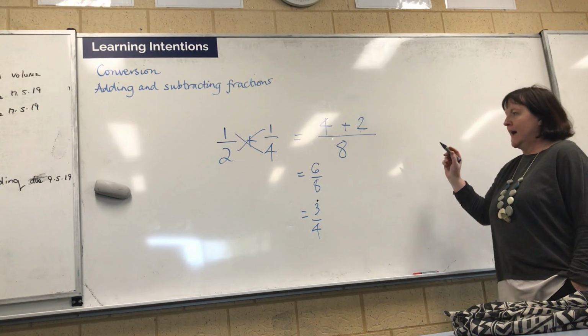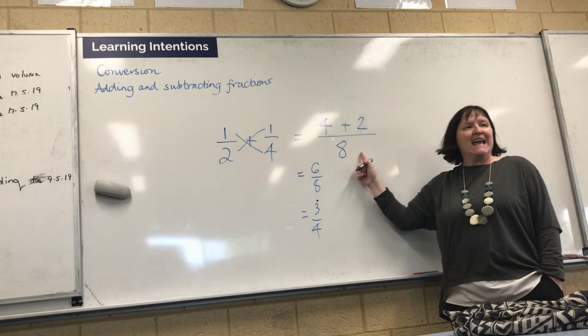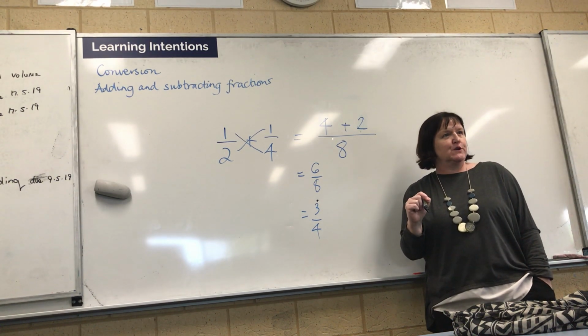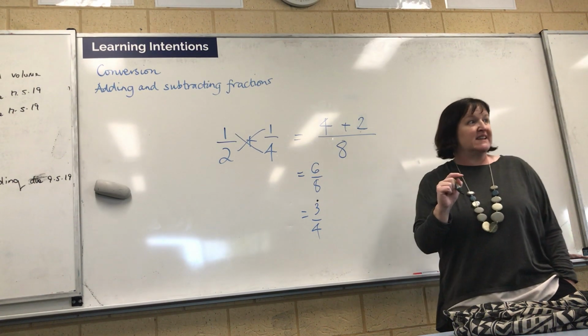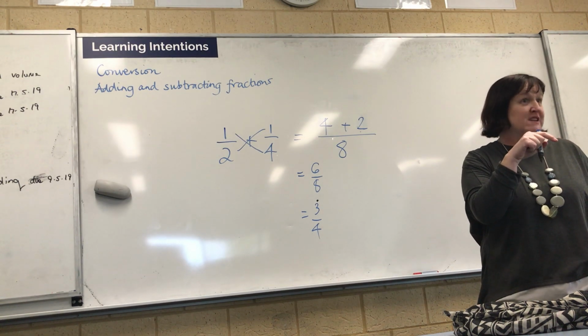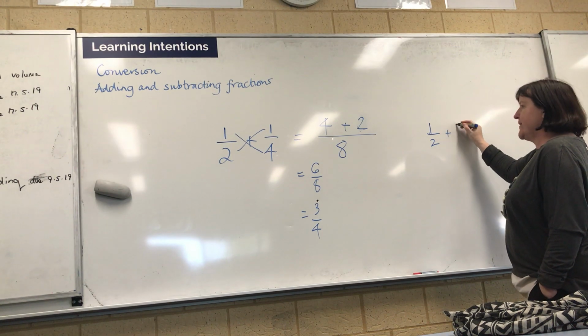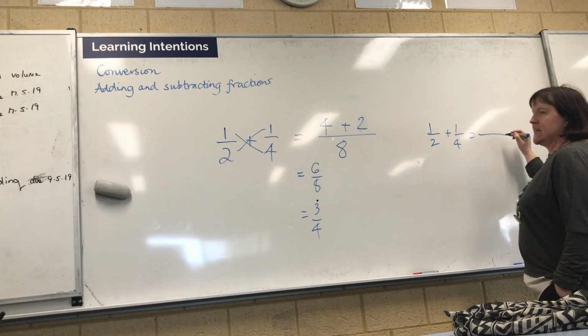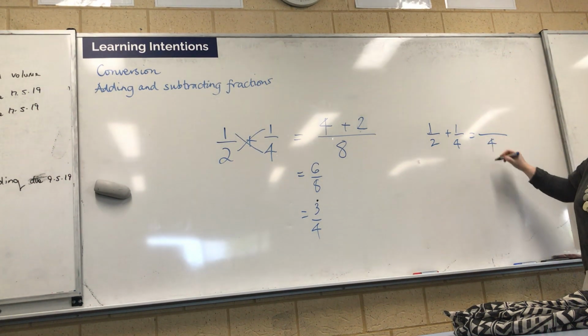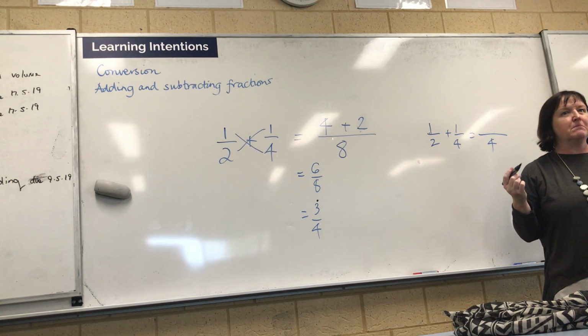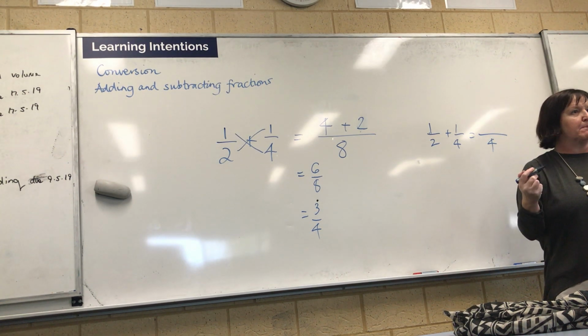Now, how about though, is 8 the lowest common multiple of 2 and 4? It's not, is it? 4 is the lowest common multiple. So let's assume that you've thought, oh, okay, the lowest common multiple is 4, and then you get mixed up and you do the cross-multiplying method.